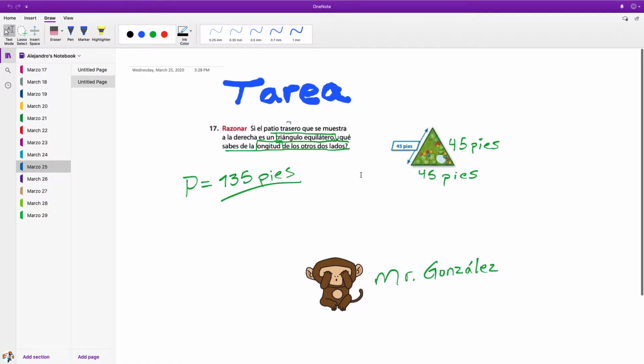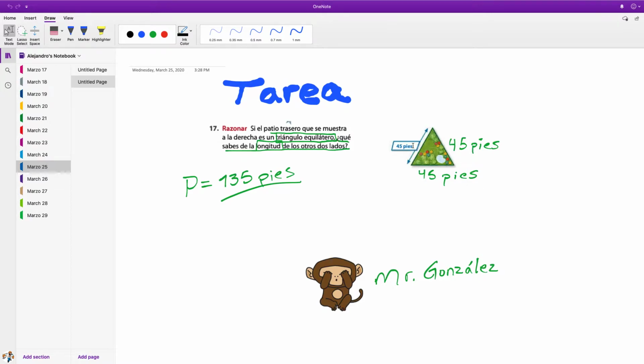Before we officially start with the science lesson, I want to review the homework that you had yesterday. It was about geometry, and you had this triangle, and we were able to find the measurements of all the sides.